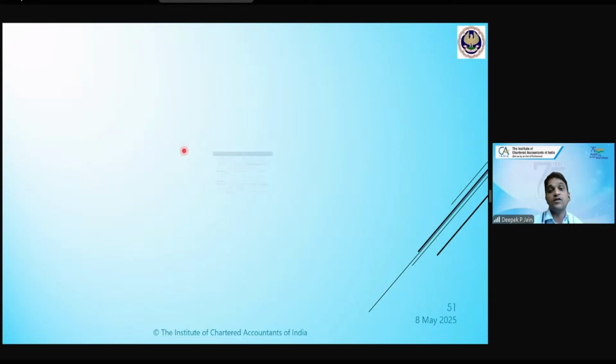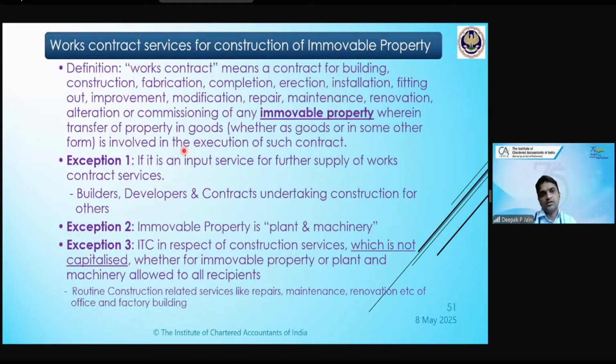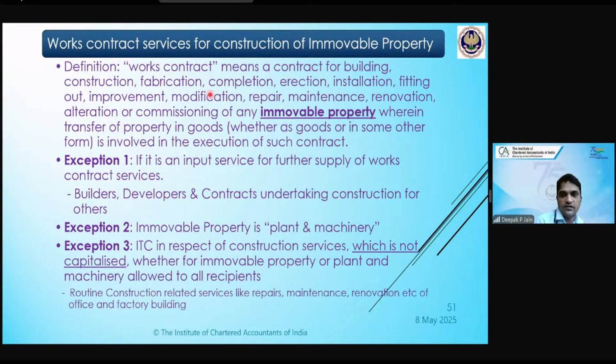Next is works contract, very important. What is works contract is defined. Works contract, firstly, we'll understand the definition.